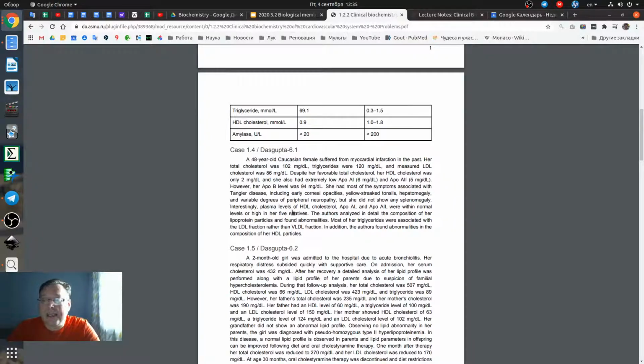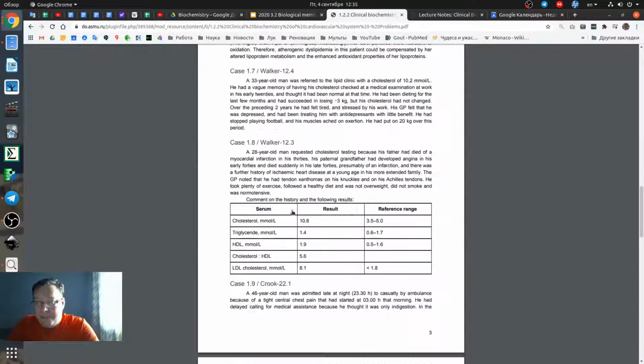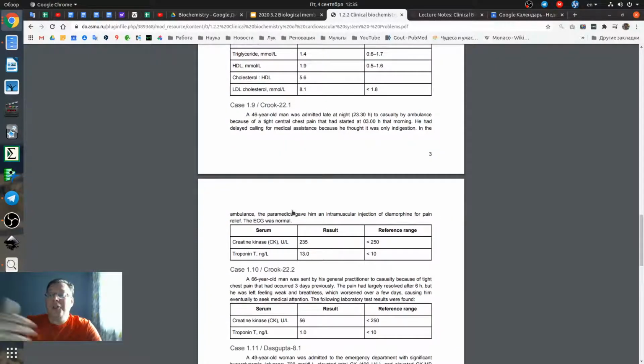These are clinical cases, and we will discuss some of them. After that, I will give you clinical cases, 2 clinical cases per student, and after that you have to type an answer. So you have to describe what happened with these patients.